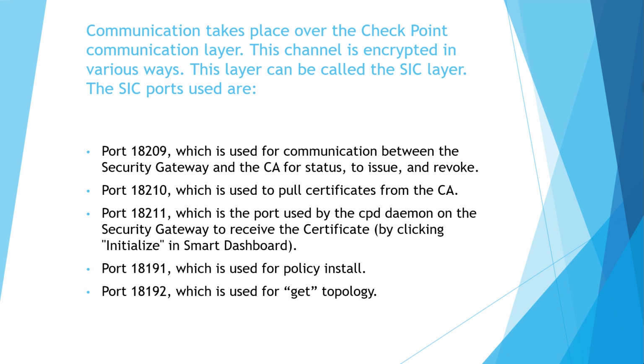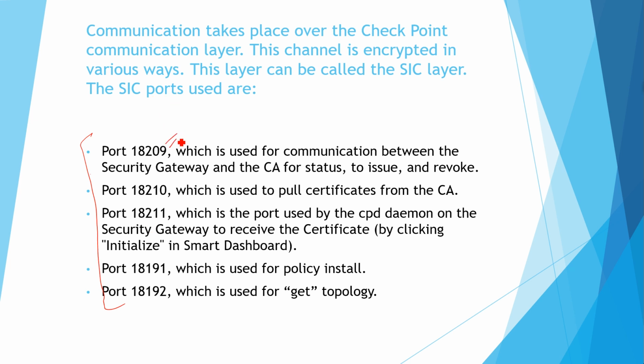If we have an ACL and have allowed only a few ports, it means the rest are denied, so the connection is not established. So we must have all these ports allowed between the gateway and security management server.